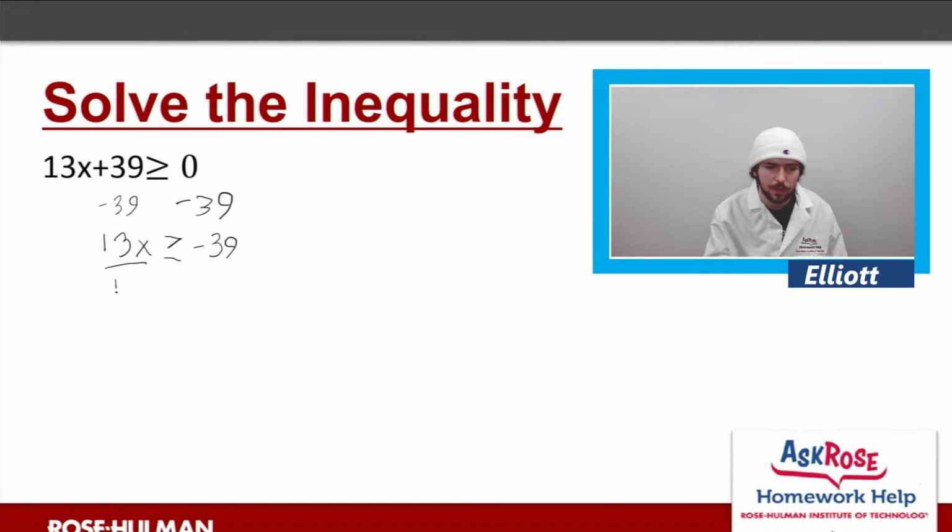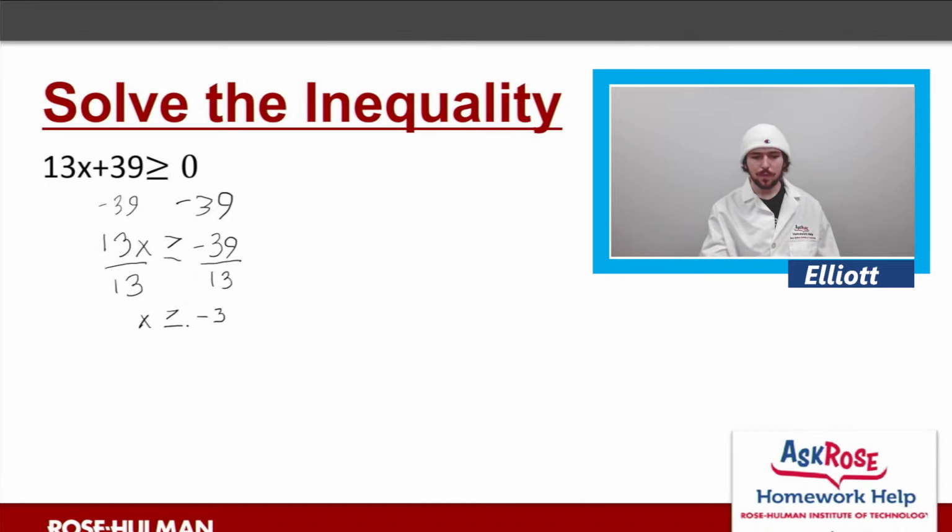If we divide by 13, x is greater than or equal to negative 3. Okay, cool. So now to go over how to check your answers once you get them.